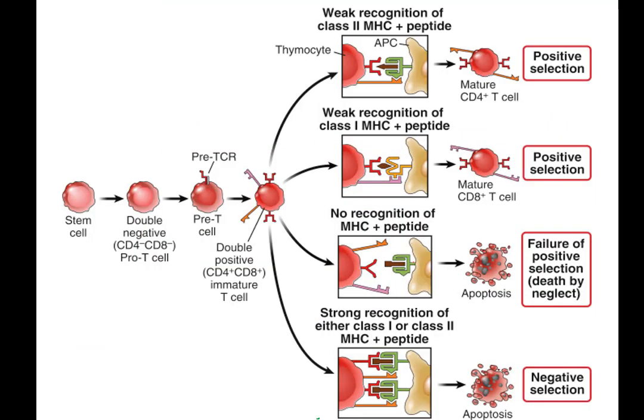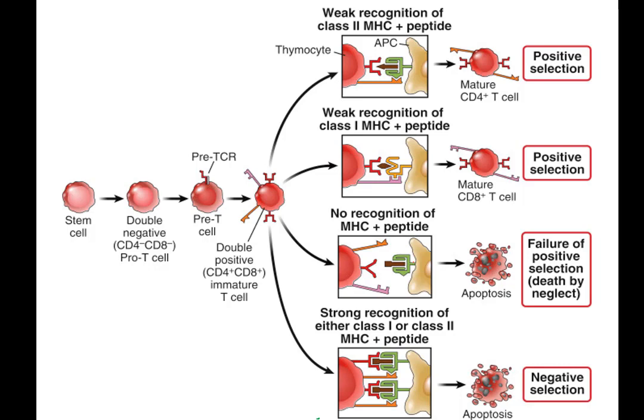So here we have the stem cell, the hematopoietic stem cell. This is the double negative pro T cell. This is the pre-T cell. What chain is that? The beta. And what's associated with it? Pseudo alpha.